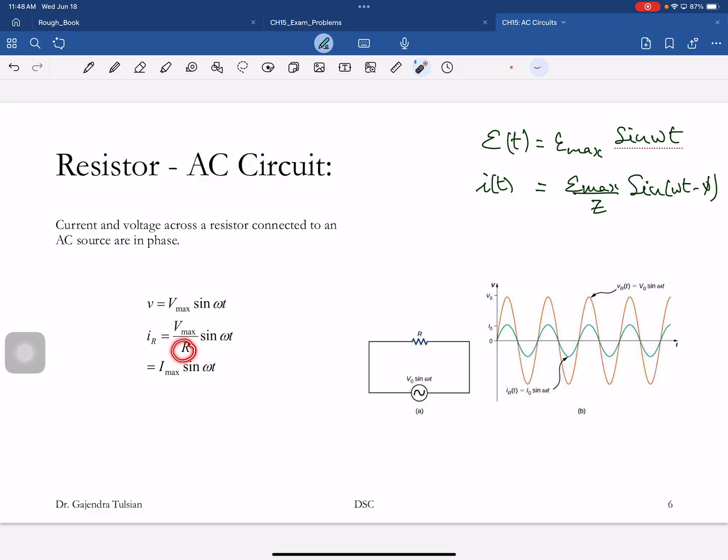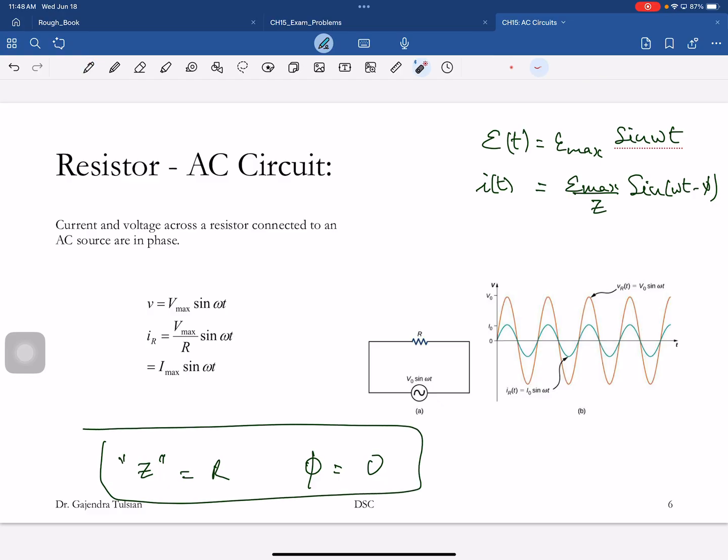So Z is R, which makes sense. The impedance of the circuit is just the resistance in the circuit. And what is phi? The phase factor is 0. So this circuit cooks with maximum efficiency.